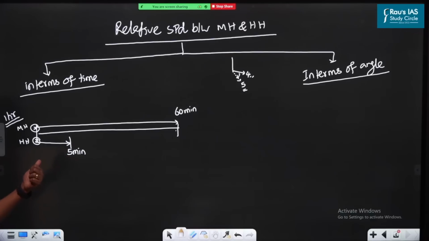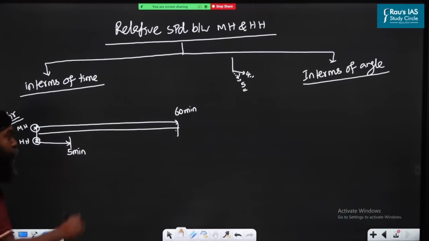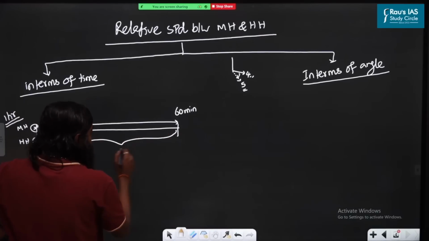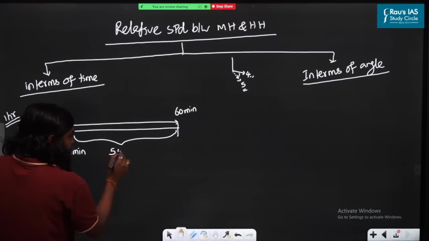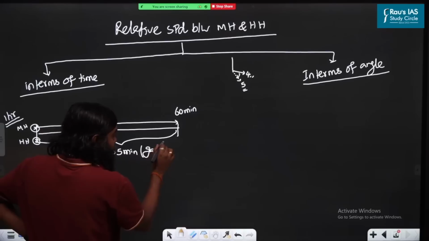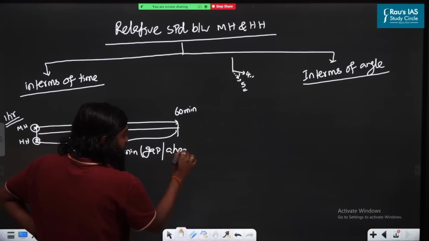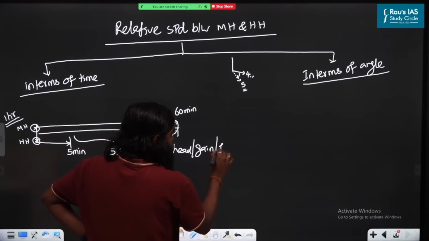At the time of beginning, the gap between the minute and hour hand is 0 minutes. After 1 hour, the minute hand is standing here, the hour hand is standing here. What is the gap between these two? 55 minutes. What is the meaning of 55 minutes? That is the gap, or that is ahead, or that is called gain, that is called fast.